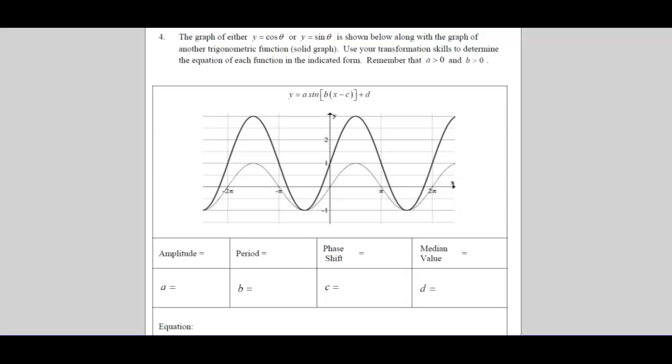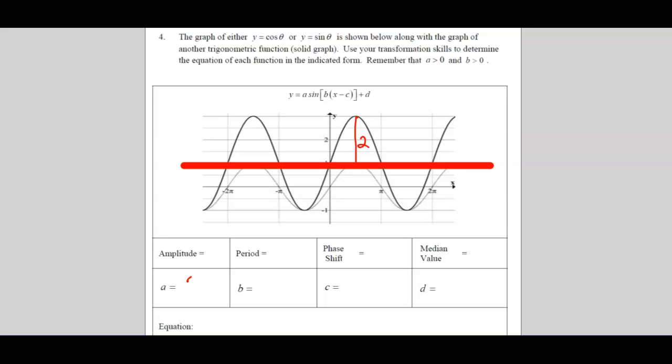I'm going to draw my midline. Actually, that red is faster. Halfway between the max and the min, draw my midline. Okay? Distance from the midline up to the maximum, that's 2 units.